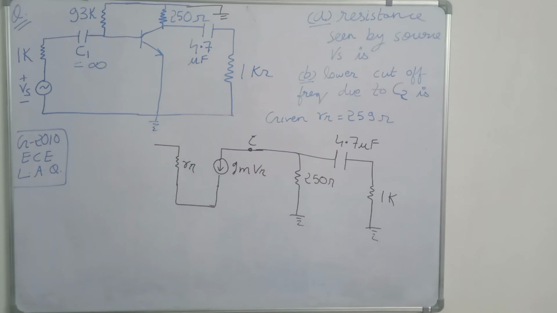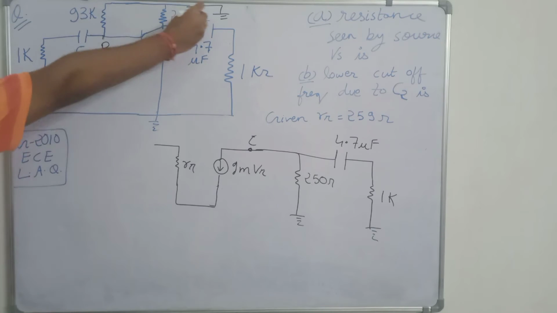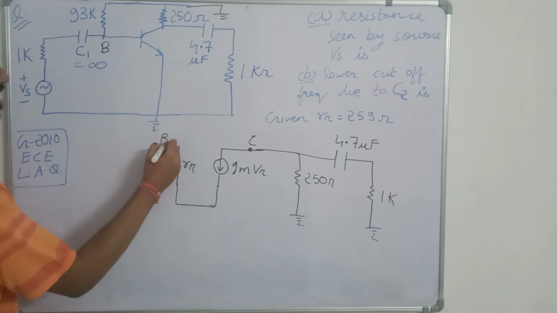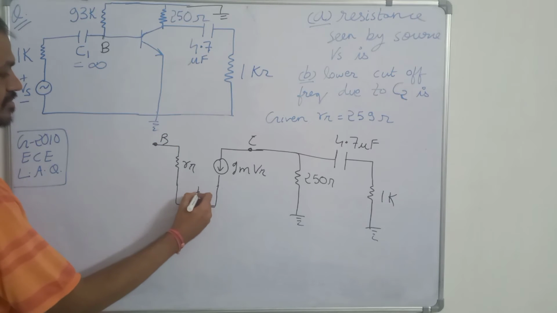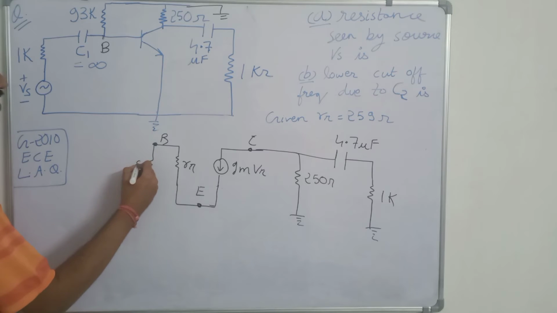So then this 93K, this is base terminal. So this 93K is connected between base and ground. So this is base terminal and this is emitter. So 93K is connected between base and ground. So this resistance is 93K.